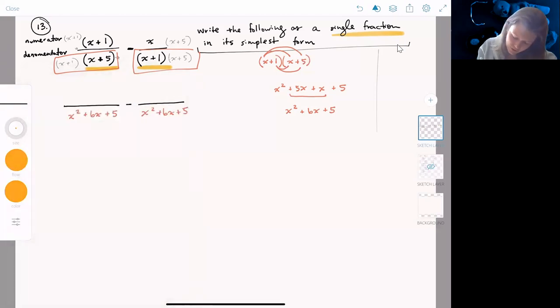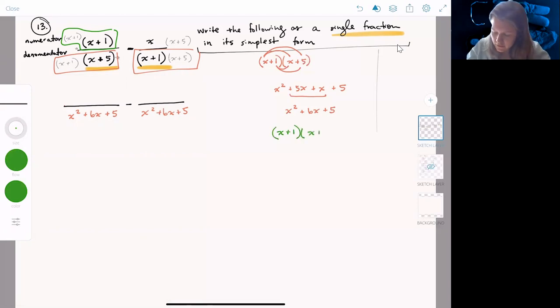Now let's take a look at this over here. So I've got x plus 1, and I'm multiplying it by x plus 1, same deal. X times x gives me x squared. X times 1 equals x. 1 times x equals x. And 1 times 1 equals 1.